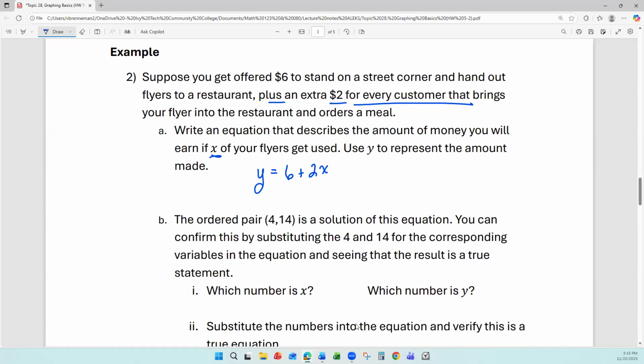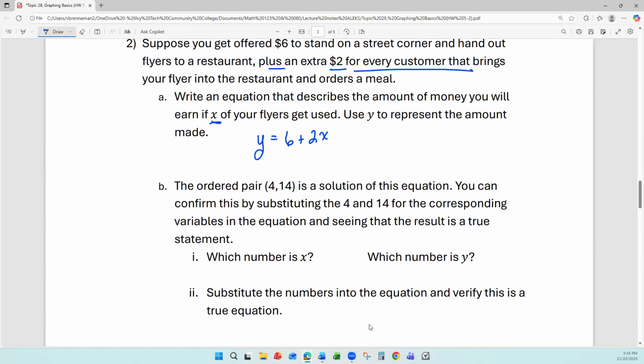So X here is not a unit, it is representing a number of something. So the 6 and the 2 are both dollar amounts. So you could also write Y equals 2X plus 6, either way.